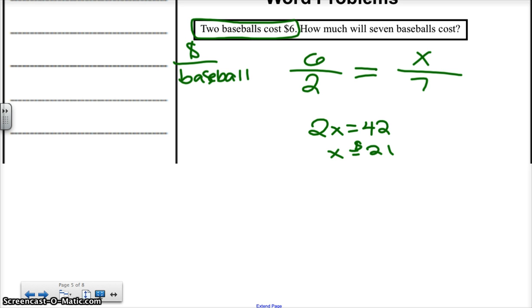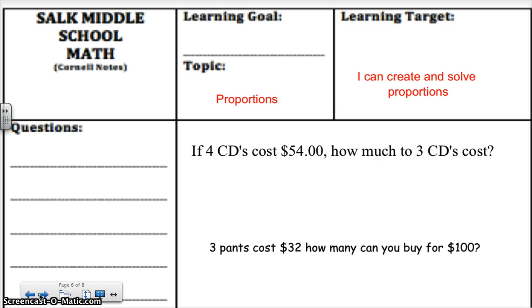All right. Next one. If 4 CDs cost $54, how much are 3 CDs going to cost? So my relationship is money to CDs. Do you agree with me? Money is to CDs.